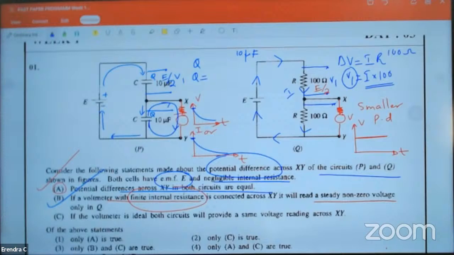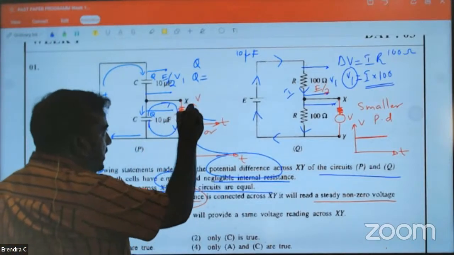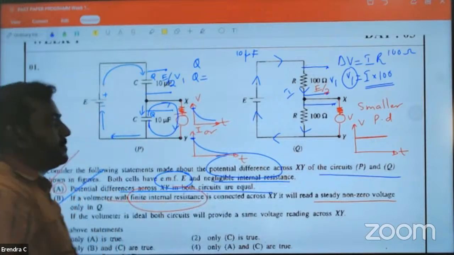So when we connect the capacitor, the voltage drop will not be steady.